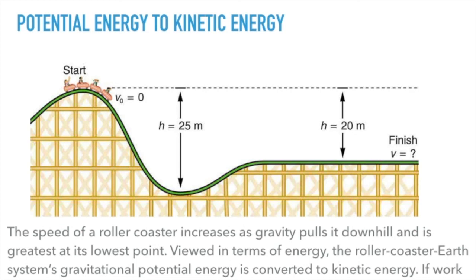So I usually label them points 1 and 2 rather than initial and final, and I'll talk about E1 and E2 as opposed to E initial and E final. But however you want to do it is up to you. Then at each of those two points, what is the energy?